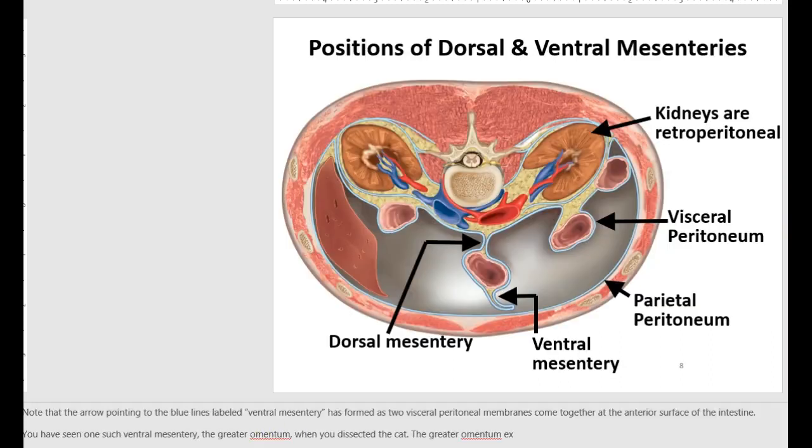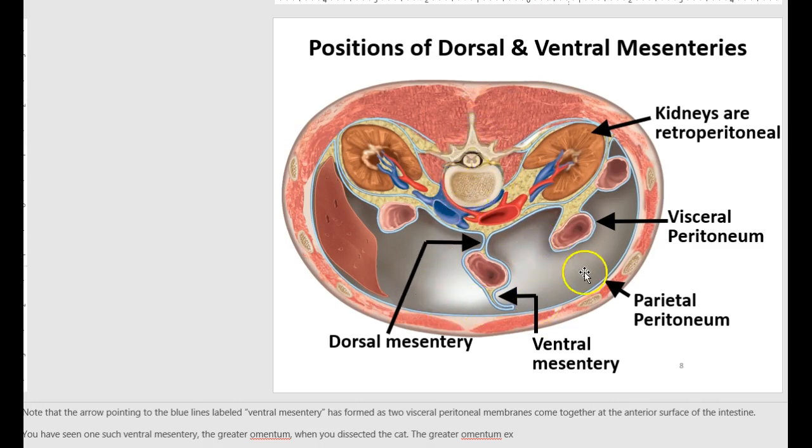Now, concerning the structure of mesenteries, we'll look at this picture. This is a transverse section through the abdominal cavity, and it's showing you the kidneys here. This is musculature dorsally in the back. Here's the spinous process of the vertebrae.